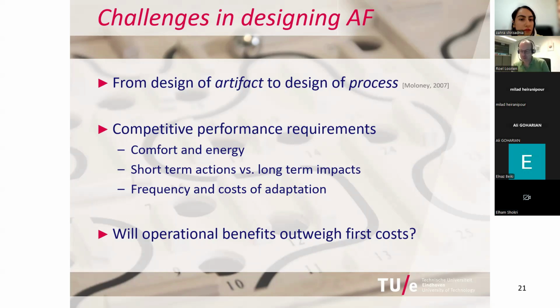We can even think about maintenance, for example. That's a key thing. The last point on the slide is that we have a lot of benefits of adaptive facades, but compared to conventional alternatives, the initial costs are probably going to be a bit higher, and that needs to be justified. How to do that?